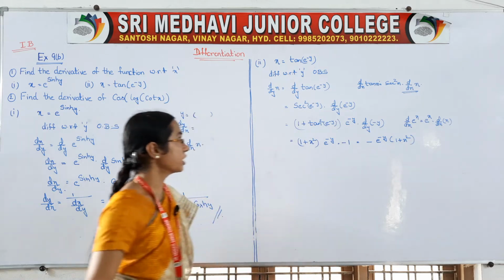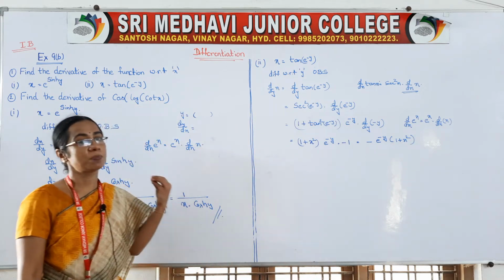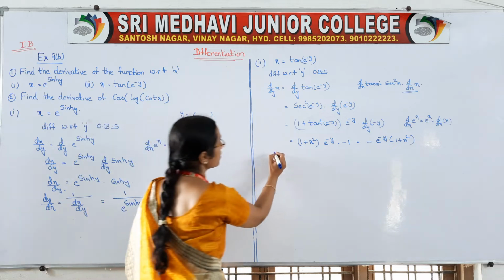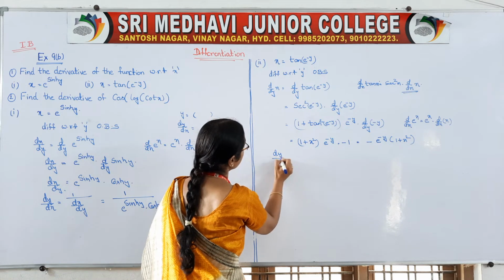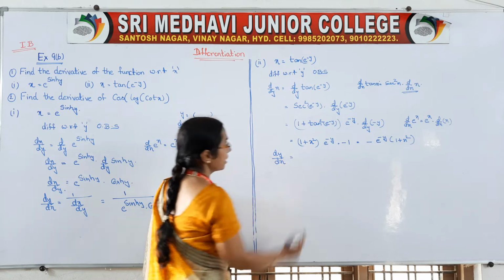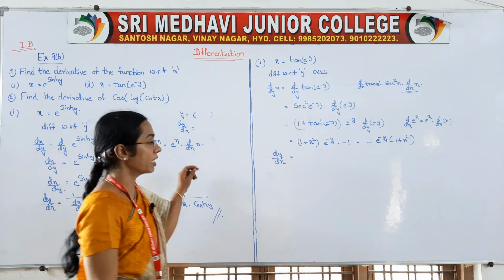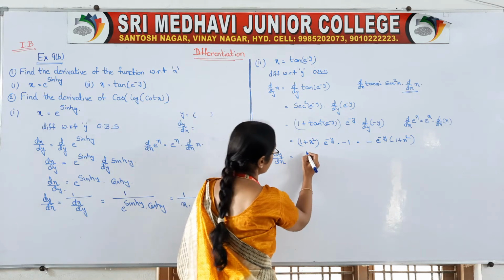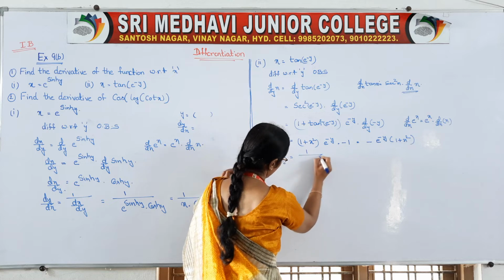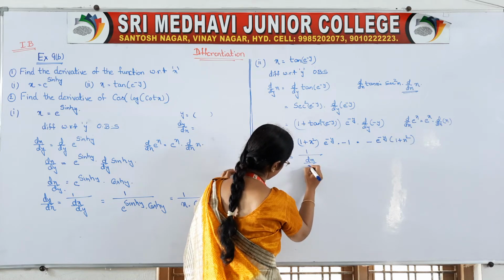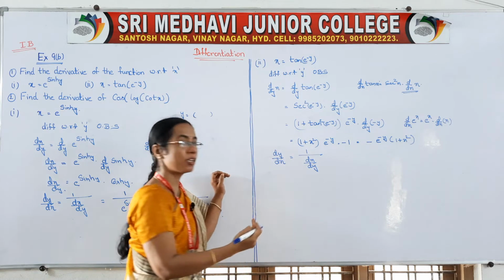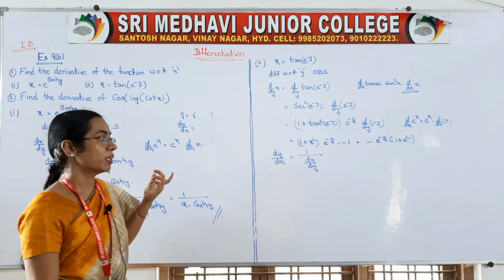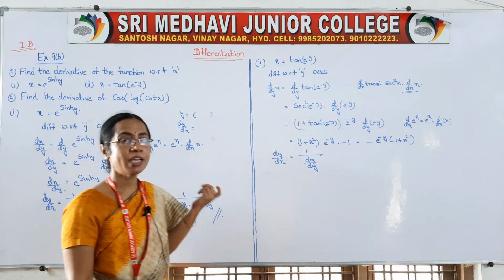But what is the question? Find the value with respect to x. That means we have to find at the end dy by dx, not dx by dy. So dy by dx can be taken as 1 by dx by dy. We are having the value dx by dy, but the question is find dy by dx.